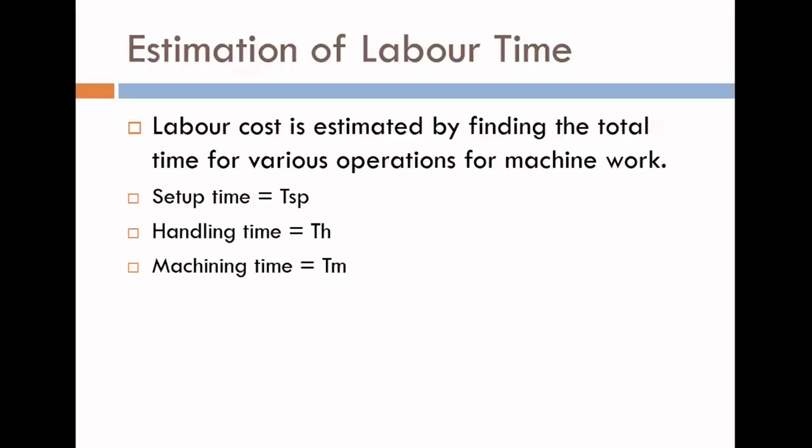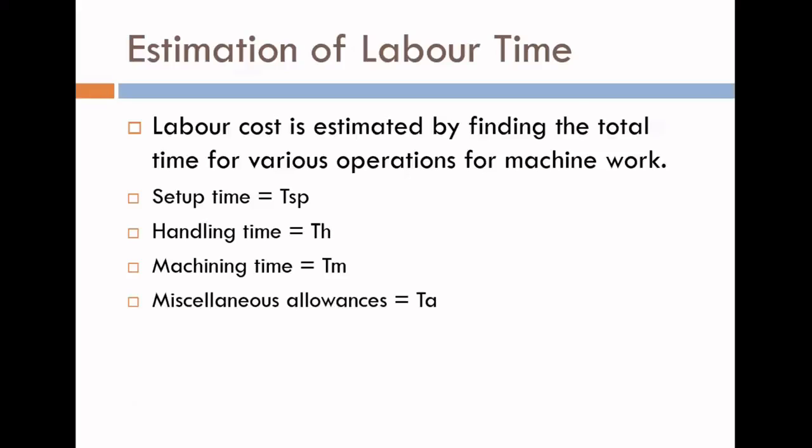It is also called the operation time. It is the time required for actual machining. It is the time for machining operations to convert the material into a product. It is denoted as T suffix M.